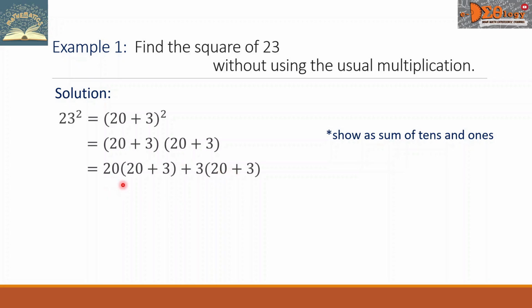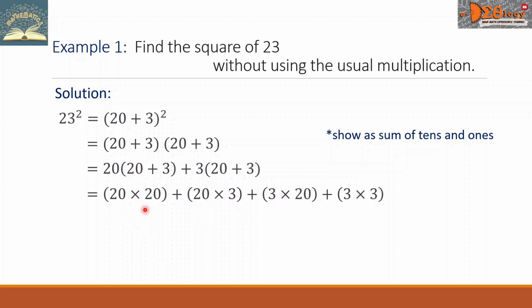Next is this 20 outside, we will multiply to each of the terms of the group. Same thing we will do to the other group. So we have now 20 times 20 plus 20 times 3, then plus 3 times 20 plus 3 times 3.